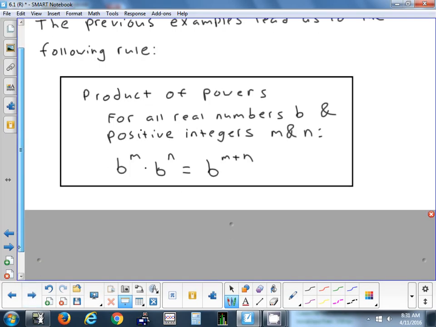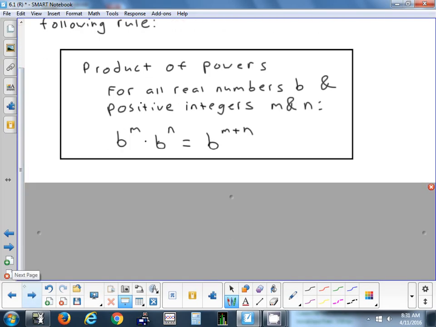What are you really doing with those exponents when they have the same base? Yeah, we're adding them. So what could we say for our rule? How can we simplify that into terms we can understand a little bit better? You already have the start: it says to multiply powers.